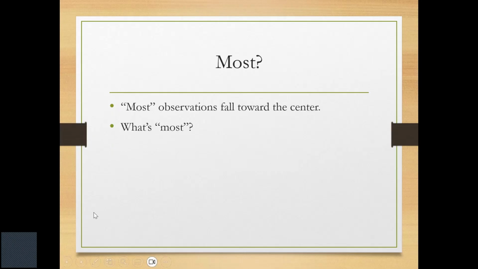Most observations fall toward the center, right? And again, if we draw this, we can see that most of the things, and I always draw a very bad curve, sorry, it's kind of lopsided, but you get the idea. Most of the things are toward the middle, and there's only a few little things out here in the edges, okay?